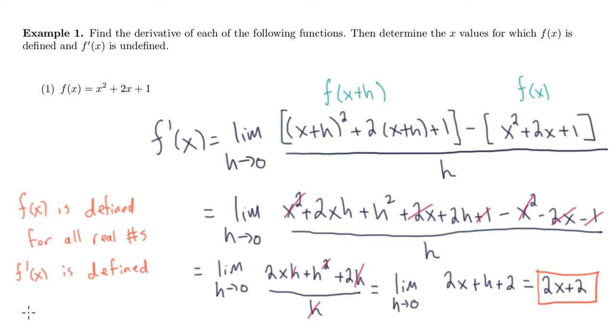They're both polynomials. So what that means is that there are no points where f is defined and f prime is not defined. So in other words, f of x is a differentiable function. It's differentiable over its entire domain. So now let's look at a graph of these two functions.